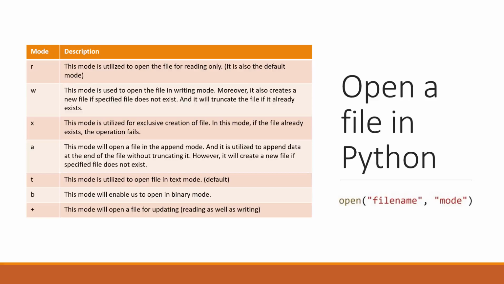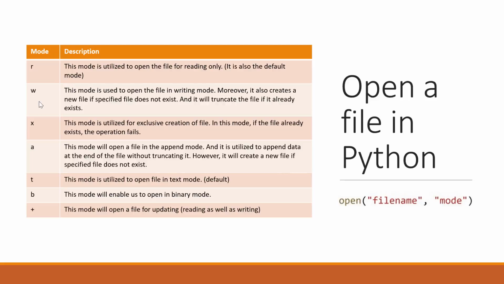After this we have the mode W. This mode is used to open a file in writing mode. Moreover, this W mode can also be used to create a new file if the specified file does not exist, and its main purpose is to truncate the file and add new content. So if a file already exists, then it will empty that file and add the new content which we specify. And if the file does not exist, then it will create a file.